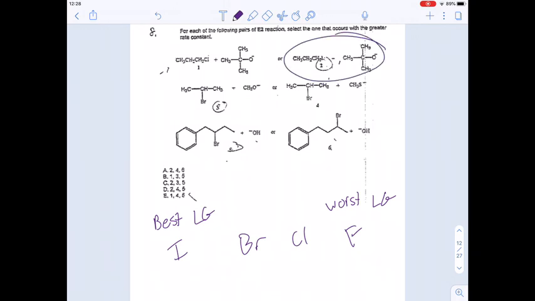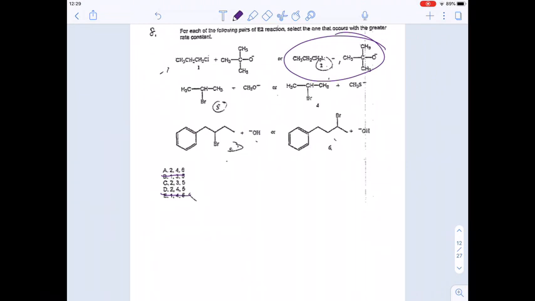So with that in mind, the substrate using I is going to be better than the substrate using Cl because I is a better leaving group. So for the first part, 2 is going to be the choice. Now you can eliminate any of the answer choices that don't have 2 as the first one.